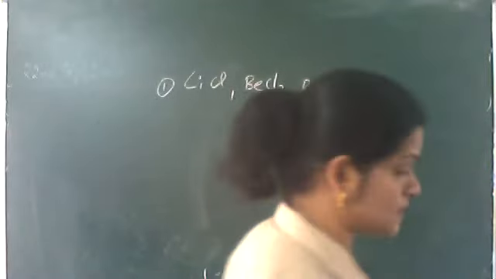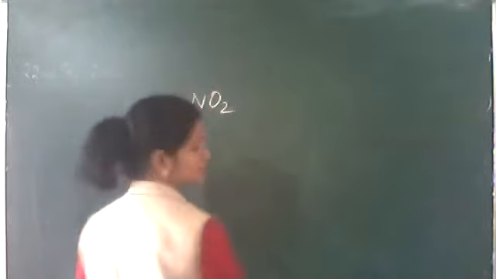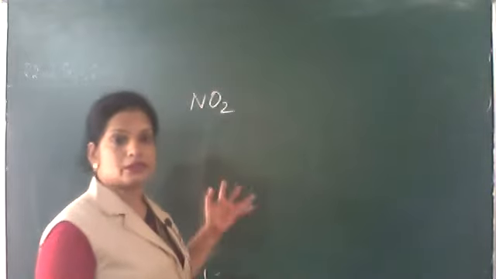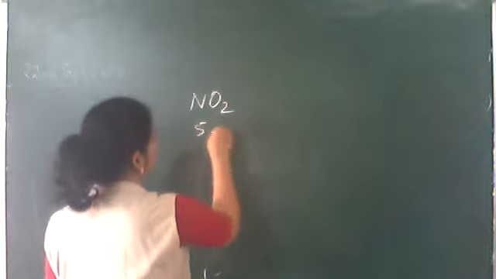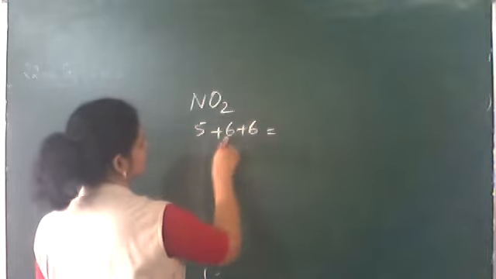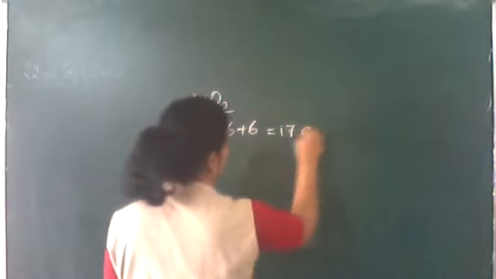The second limitation is odd electron species, for example, NO2. This is an odd electron species. How? 5 plus 6 plus 6, that is 17 electrons.